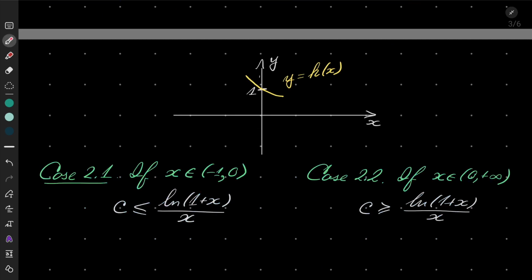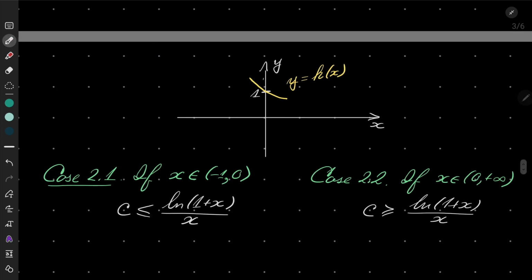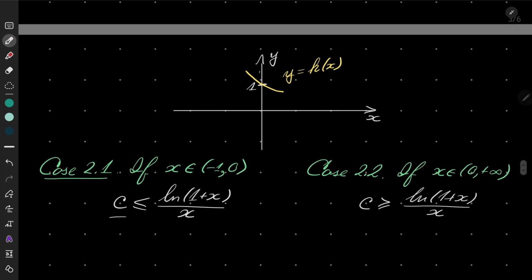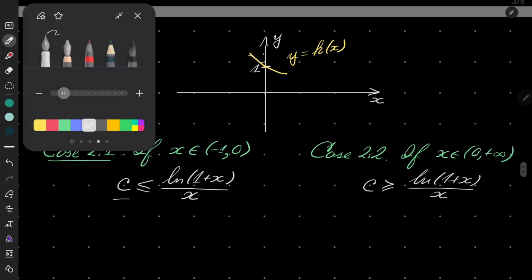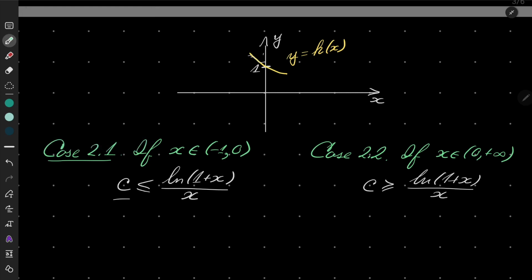This should be satisfied. So let's take a look at our graph. If we are near 0 from the left-hand side, my c should be less than or equal to any number greater than 1. So from that and from our graph, we get that c must be less than or equal to 1.